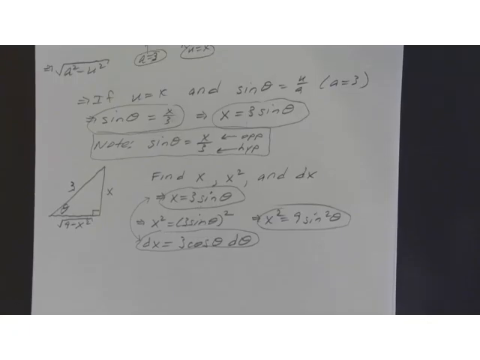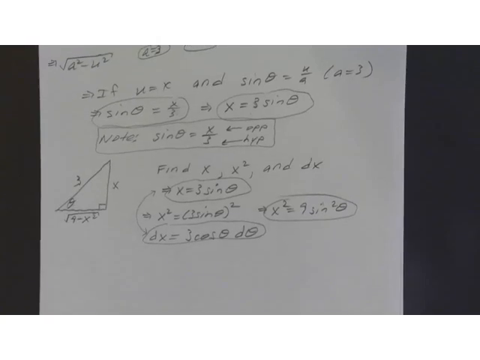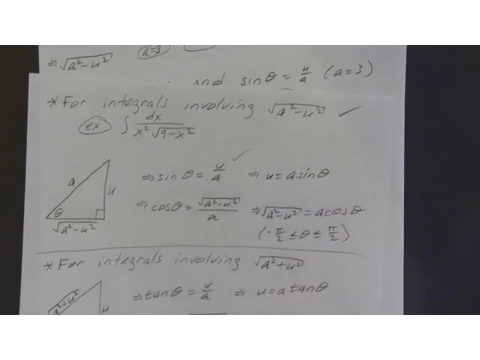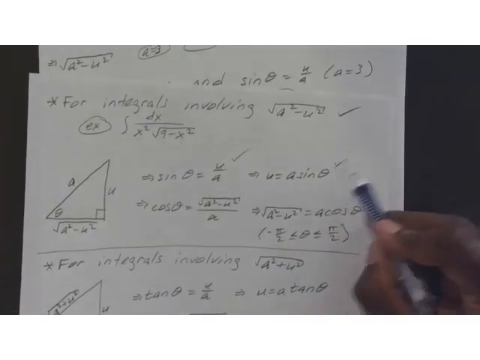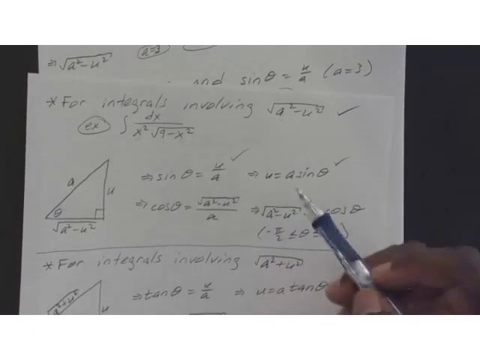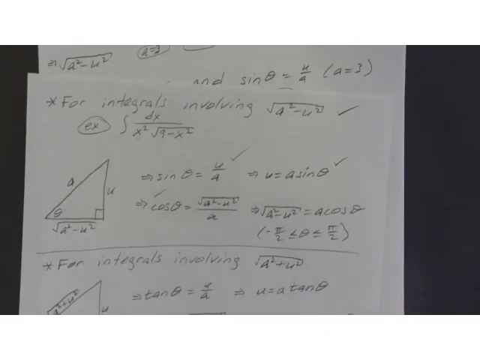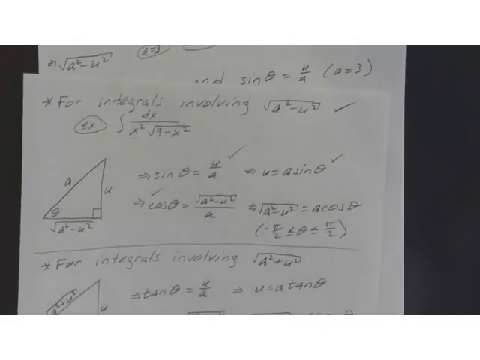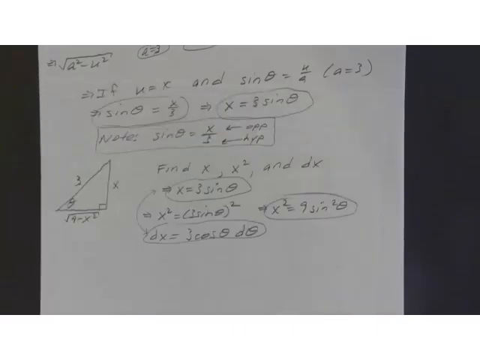Okay. So it's all kind of falling into place. We've used this, we've used this. Now we have to find our cosine of theta. So everything here kind of has its place.